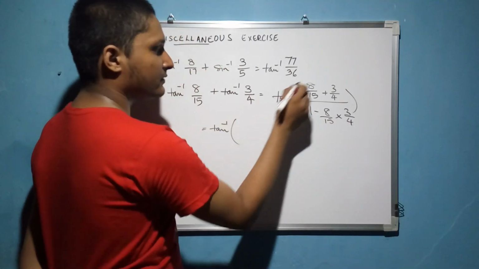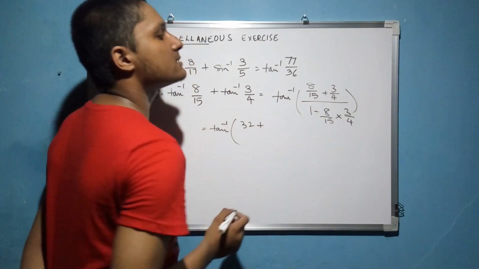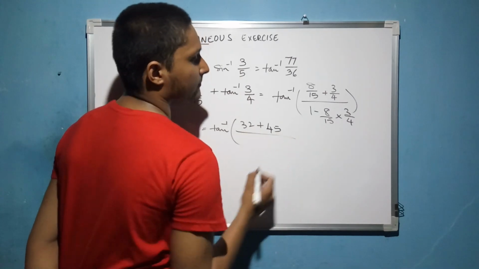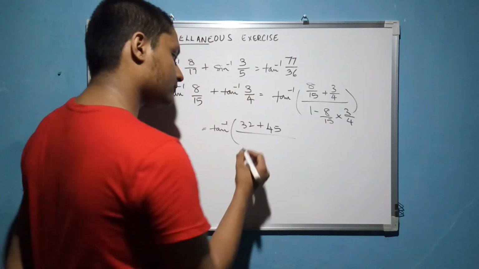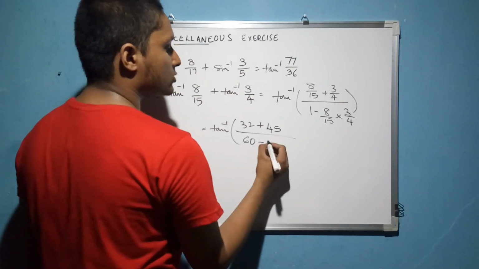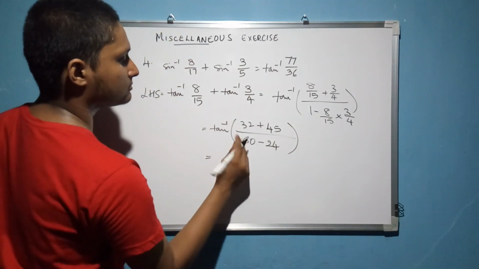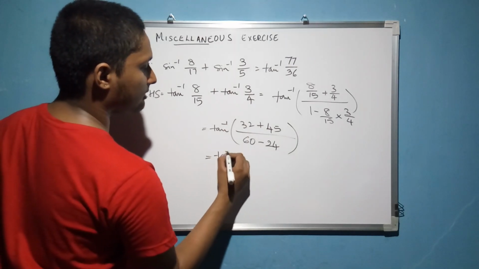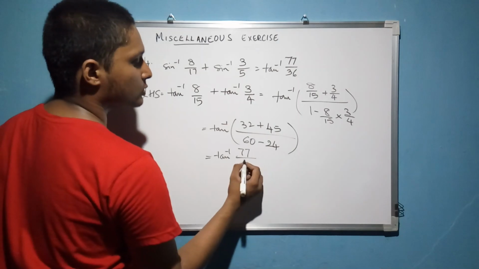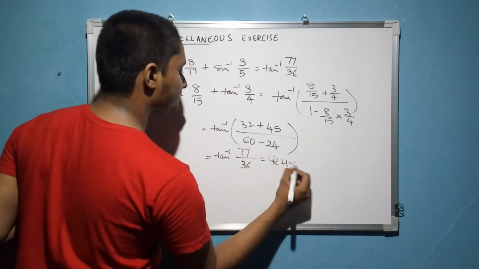This is tan inverse of 8 into 4 is 32, and 15 into 3 comes to be 45. Now we have 15 into 4, 15 into 4 is 60. 60 minus 8 into 3 is 24. What you are going to get here? Here this is tan inverse 77 divided by 60 minus 24 is 36. That is the right hand side.